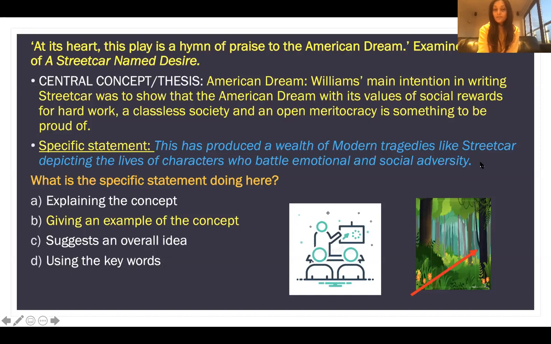Streetcar is one of them, and it depicts the lives of characters who are battling emotional and social adversity within the American dream. So what I've done there is I've said the general area is the American dream and why it fails. Streetcar is an example of the American dream failing because the characters are battling adversity. Sometimes it's emotional, sometimes it's social.